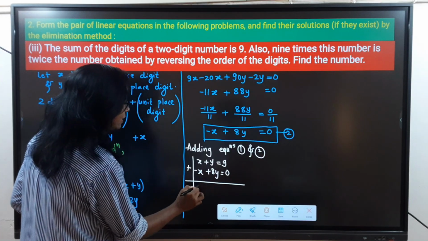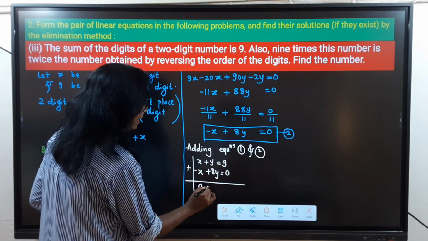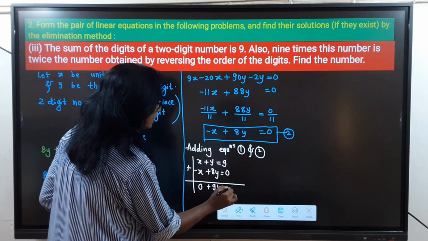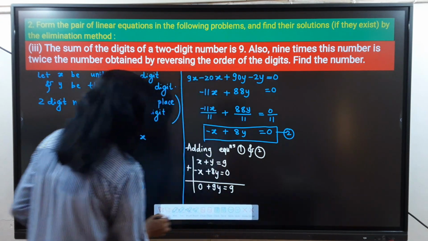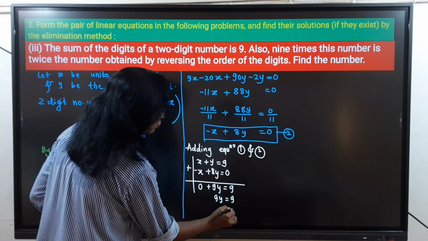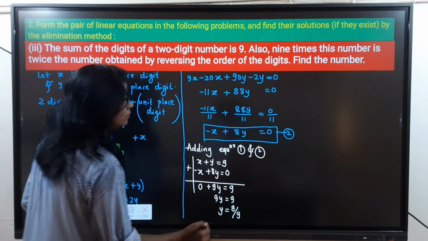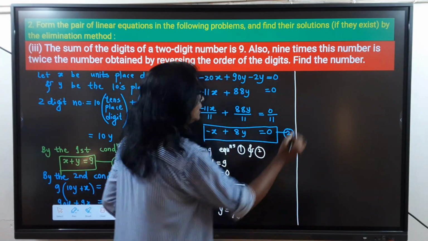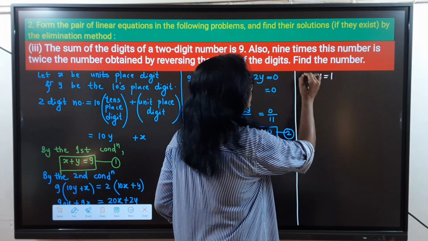That means x minus x is 0, 1y plus 8y is 9y, which is equal to 9 plus 0, 9. That means 9y is equal to 9. So y is equal to 9 upon 9, therefore y is equal to 1.